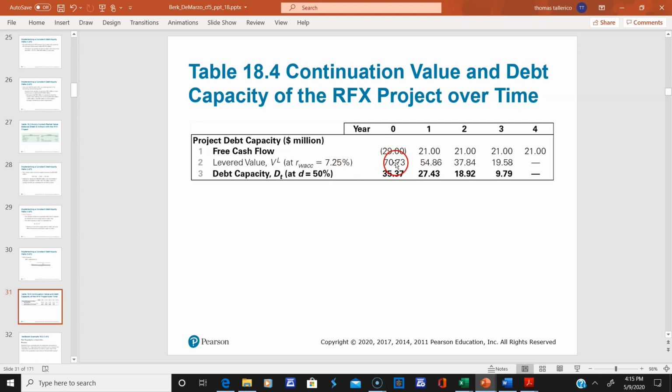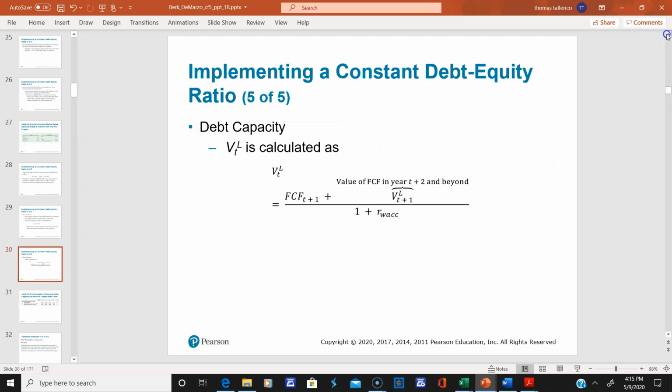Okay, so we've got that here, right? And here's the debt capacity basically at 50%. So you can see we're taking 50% of this all the time, right? So we're basically getting that levered value, and what we're using is this equation right here.